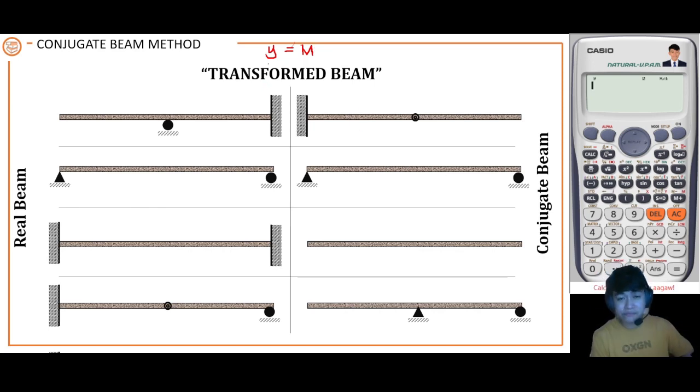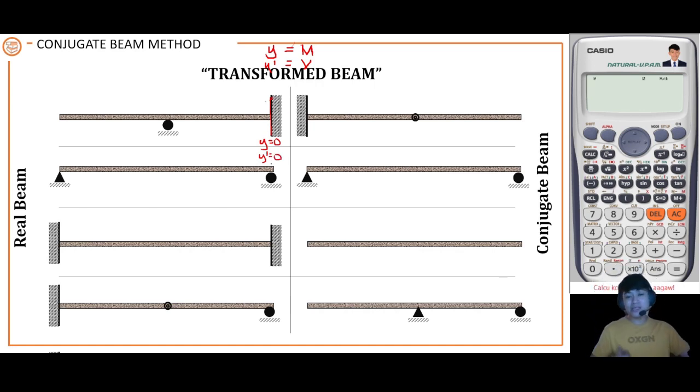However, y prime, or the slope of your real beam, is equal to the shear of your conjugate beam. Okay, for example, this fixed support. We know that a fixed support has no deflection. So y here is equal to 0. And then also the slope here is equal to 0.